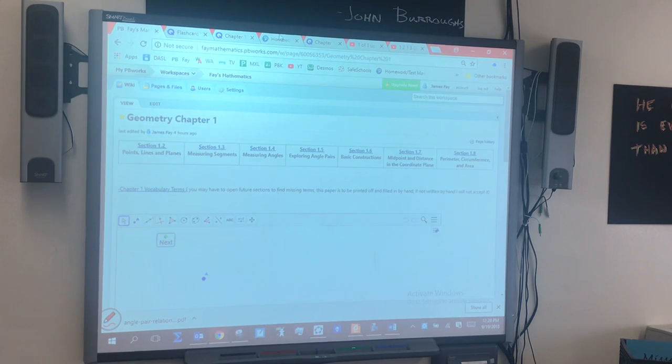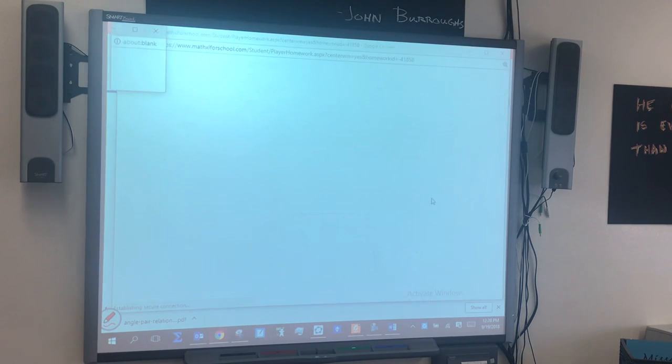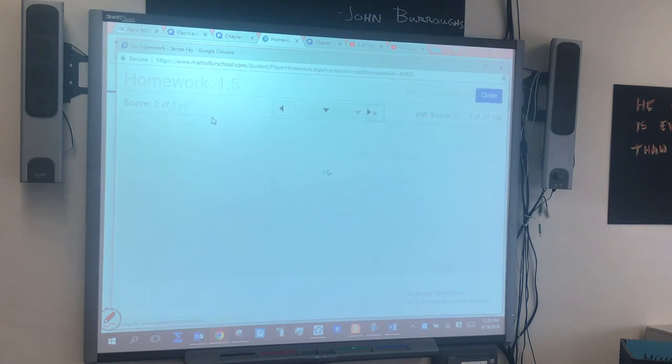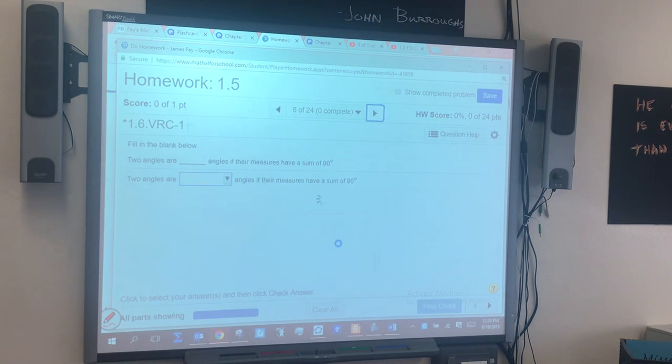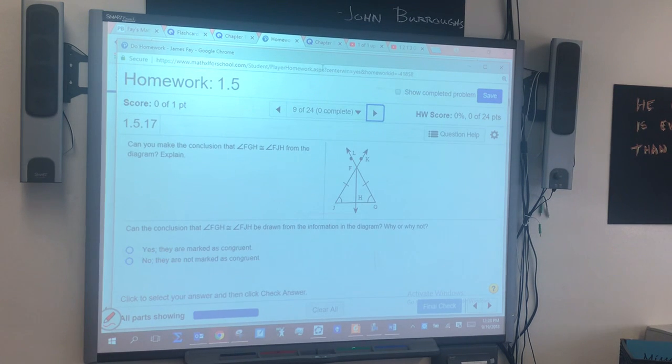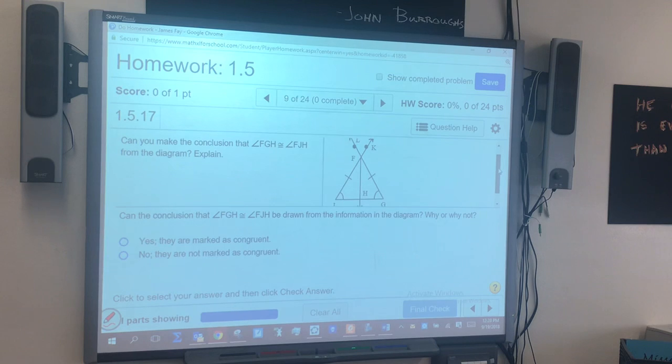I didn't see too many issues with your homework, other than I think question 8, which was a recognition type question. Let me pull that up. Nope, not 8. There we go. A handful of us missed it, so I want to make sure that we're all on the same page with it.